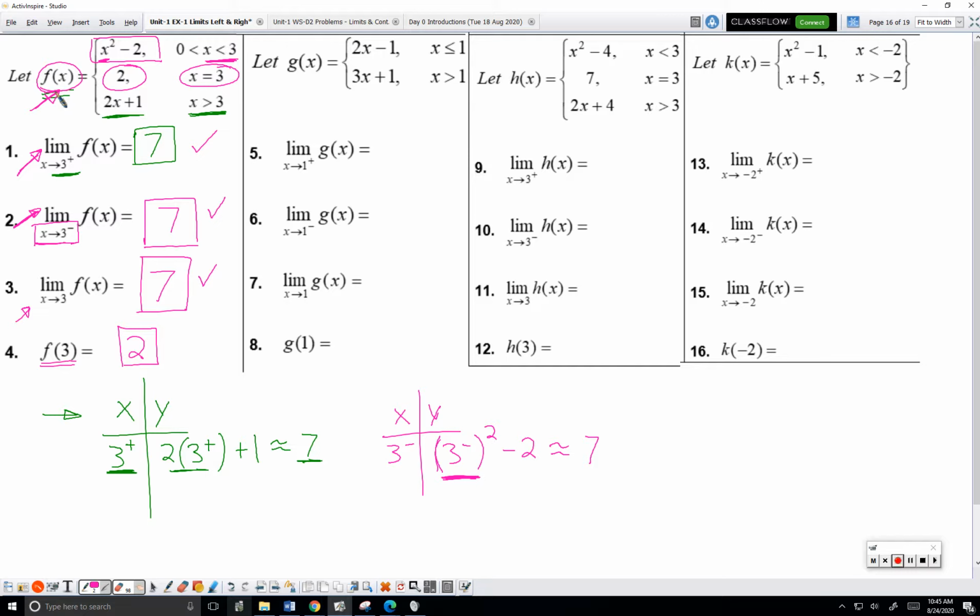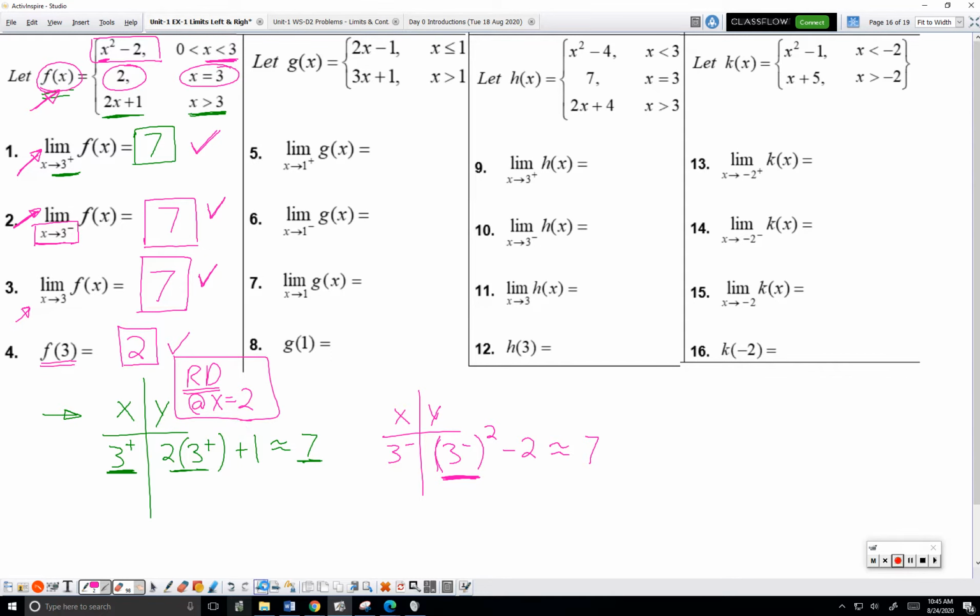But because the left limit and the right limit are the same, there's no jump. But because the overall limit does not match the value of the function, this one does have a removable discontinuity at x equals 3. They didn't ask you to write that, but you'll need that for some future things.